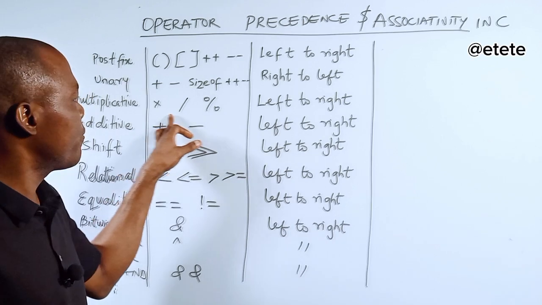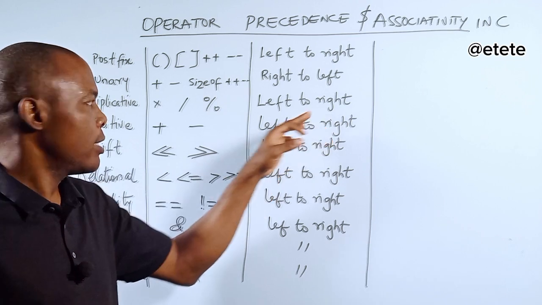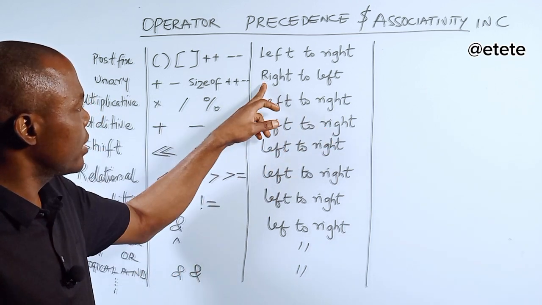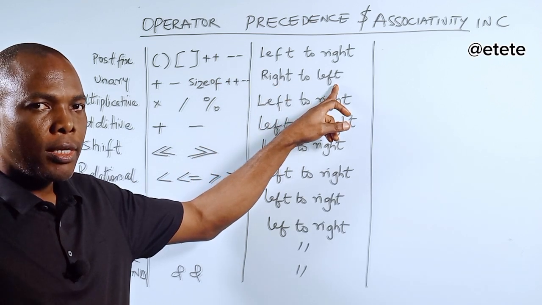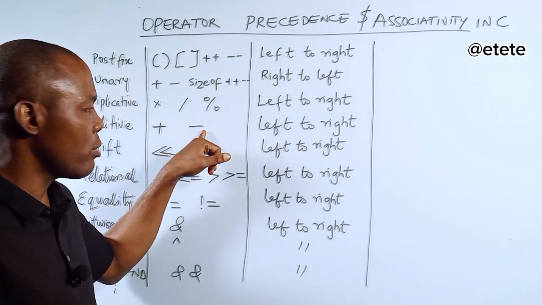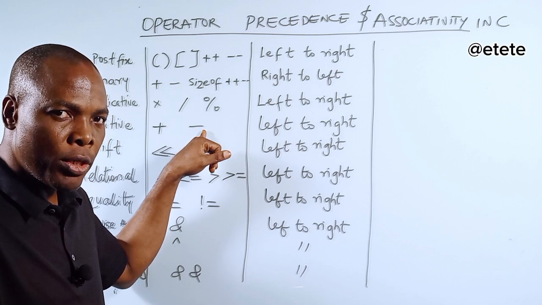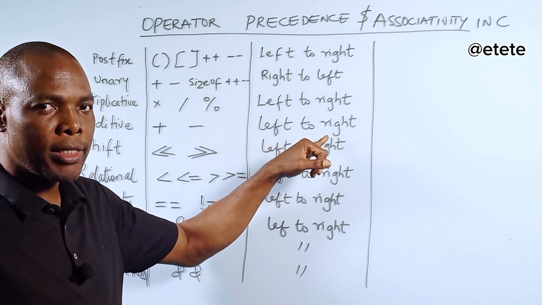So if you have this, that means you go from left to right. The only one you have, this one, you will go from right to left. So if you're having addition and subtraction in the same expression, how are you going to treat them? It will be from left to right.